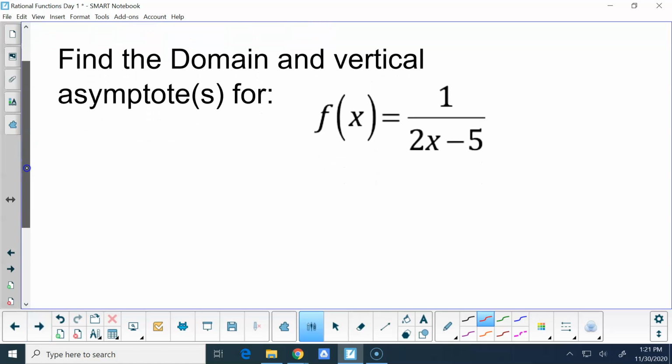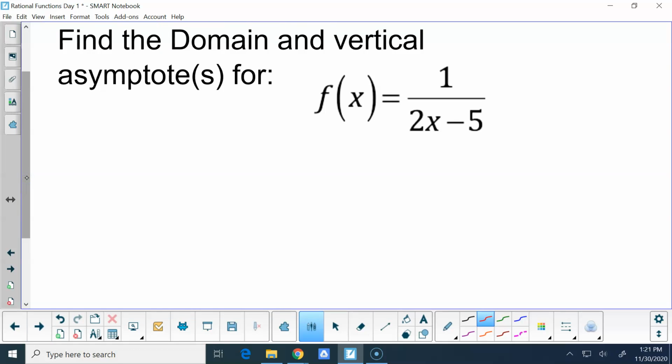The question is, find the domain and vertical asymptotes for this function. Well, we take our function and look at the denominator. The denominator is 2x minus 5. We set that equal to 0 and solve.